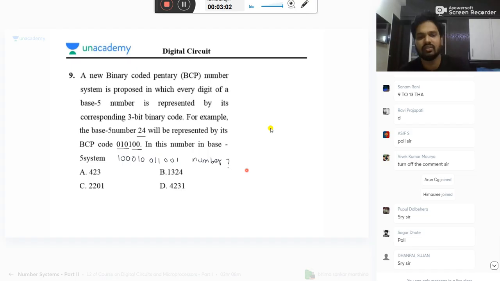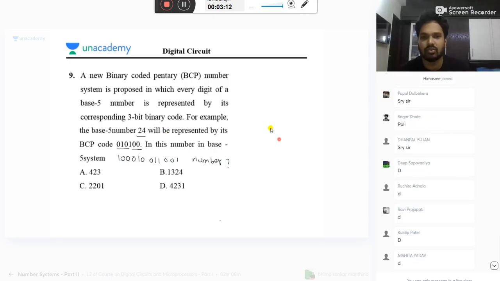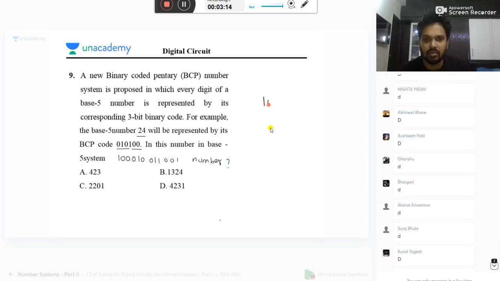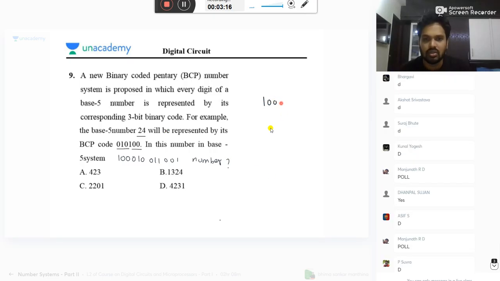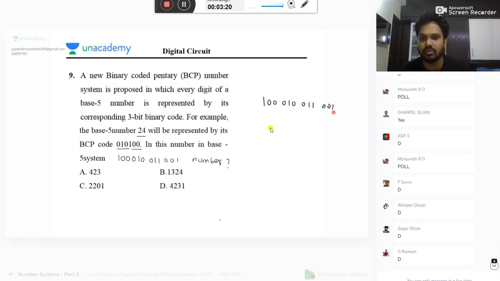It is a very simple question. I hope most of you are done. Now comment, please. Everybody done the question? Very good. So what is the answer? 100 010 011 001 is the input given by the examiner.